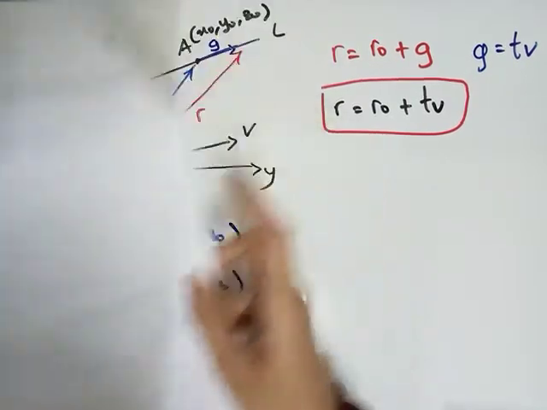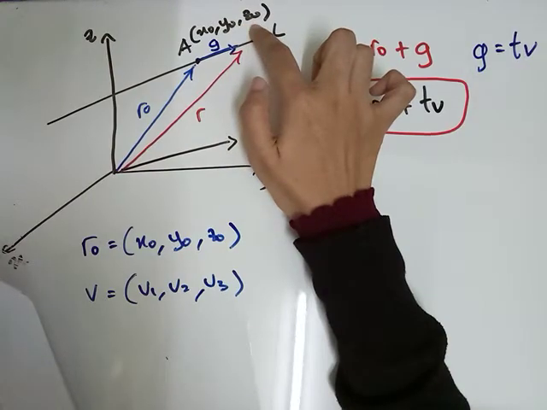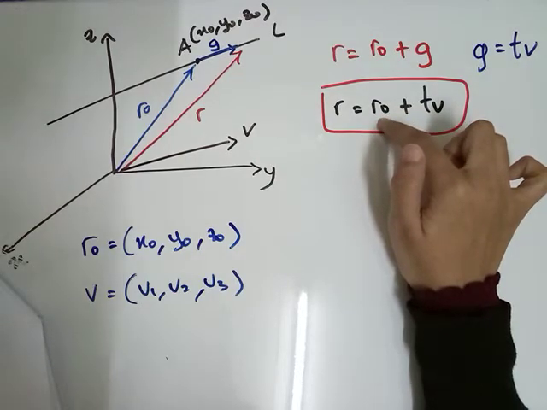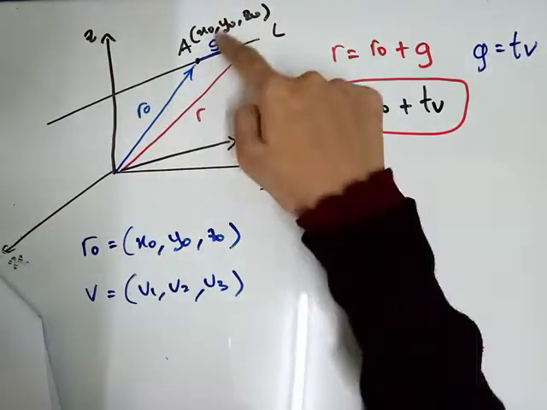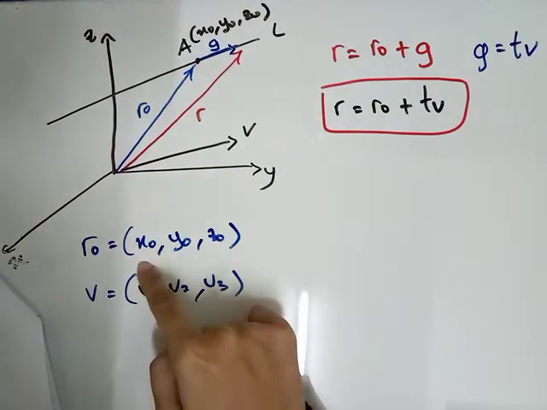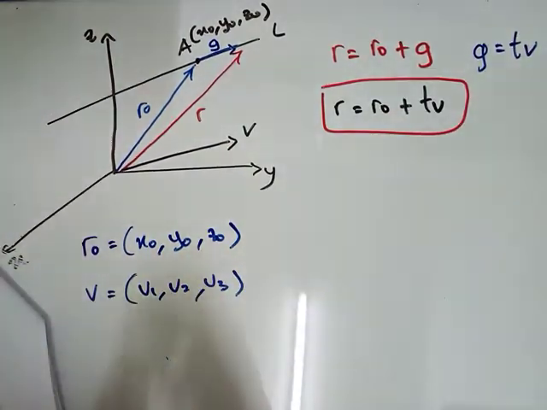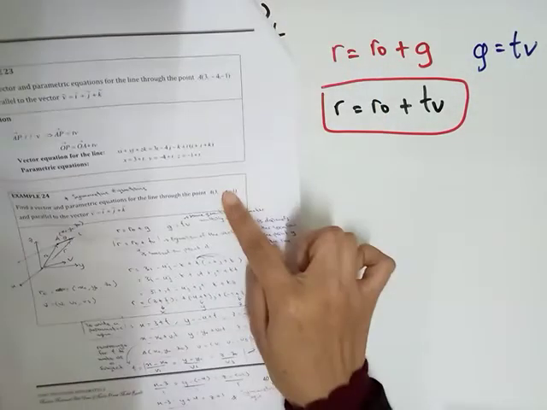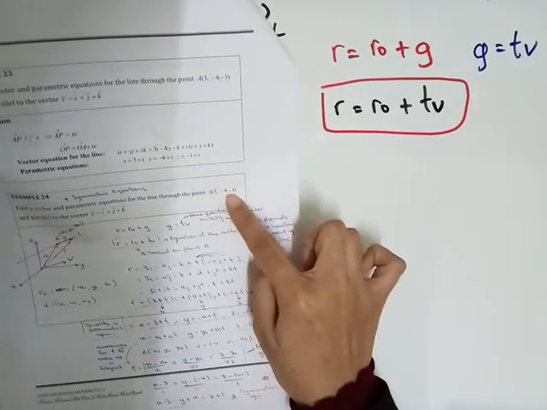So point A is X0, Y0, Z0, which is also the value for R0, because R0 is the position vector for point A. That means point A is 3, -4, -1.